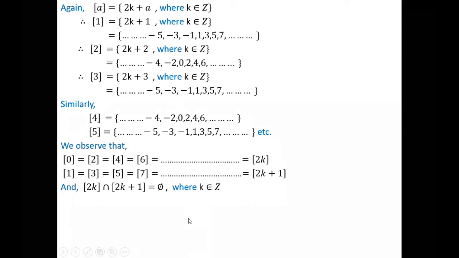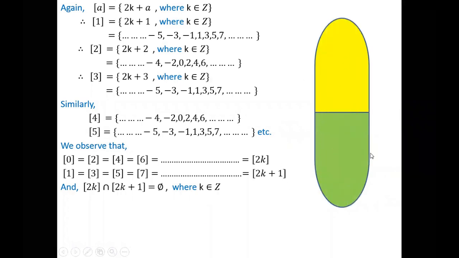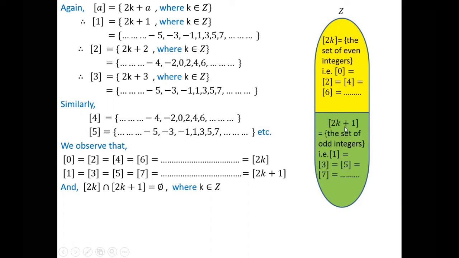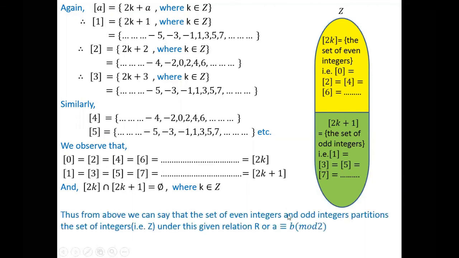Now see here, this is our integer set. This is our even integer set, and this is our odd integer set. So what you see here is that this whole set is partitioned into two, this one and this one. So from above, we can say that the sets of even integers and odd integers partition the integer set Z under this given relation R, or you can say a equivalent to b mod 2.